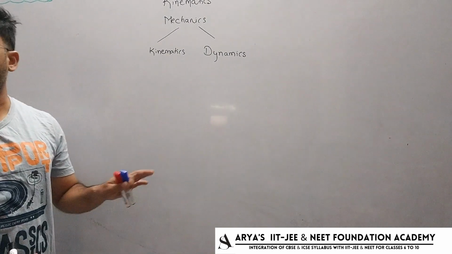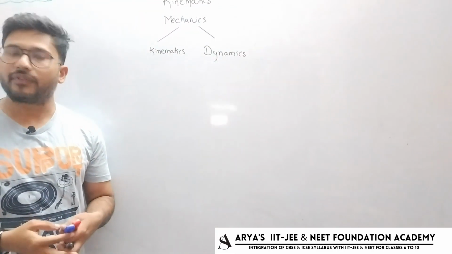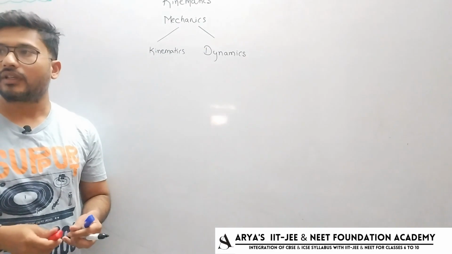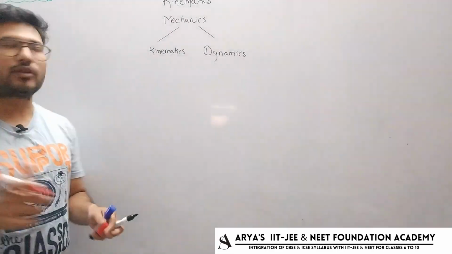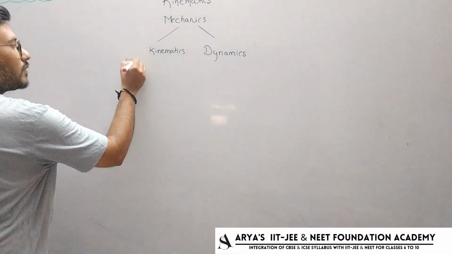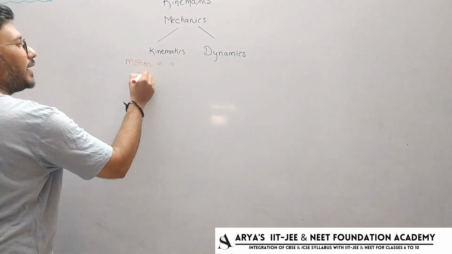So these are the names we have up to 9th class, 10th class. But if you go to 11th class, names will change. Kinematics is also known as motion in a straight line.